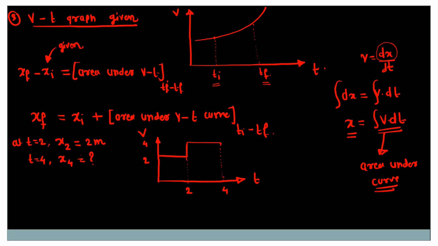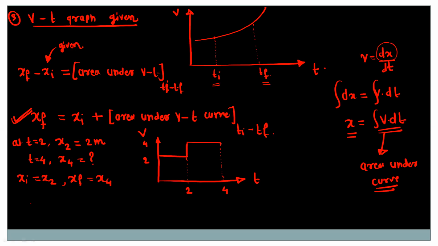Okay, so if the velocity time graph is given and we want to find out the position, then we have to use this equation. Okay, so in this equation, xi is nothing but the position at the initial time, that is x2. xf is equal to x4.